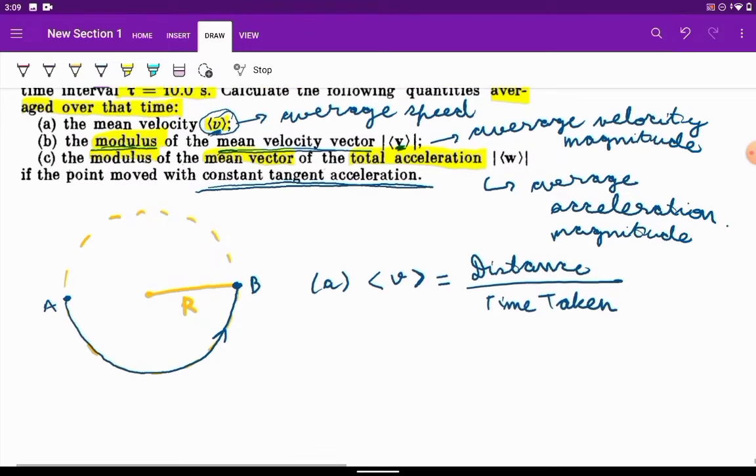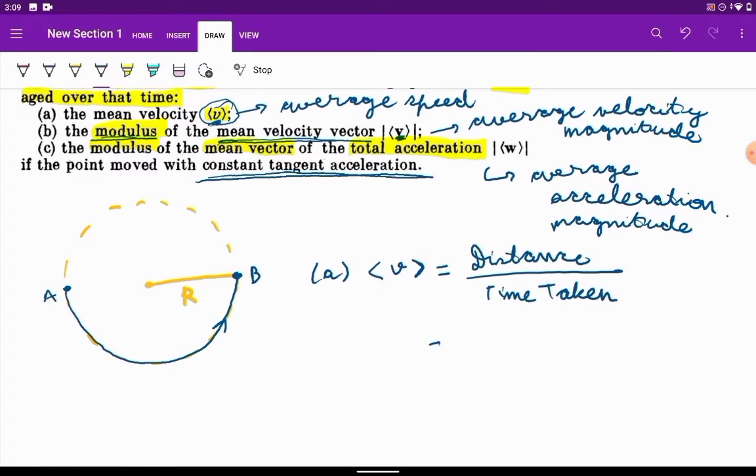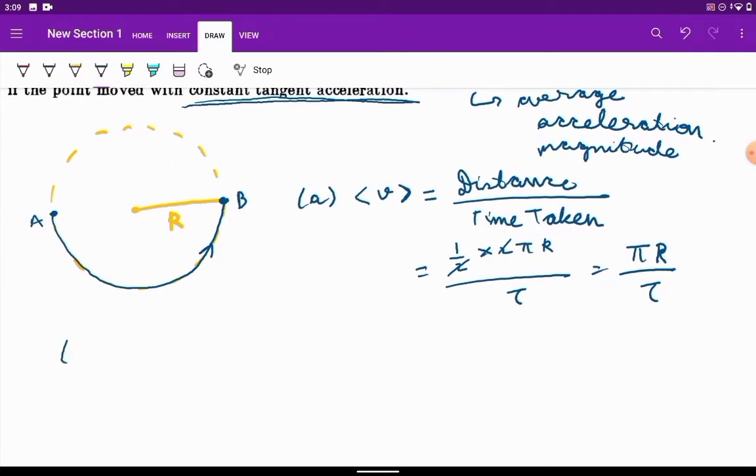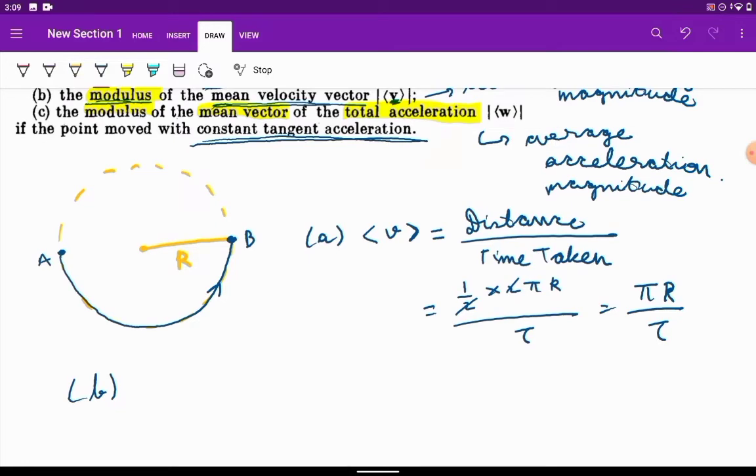So the distance is basically half the circumference. Half the circumference is 2 pi capital R divided by 2, divided by the time taken tau. It becomes pi R by tau. You can substitute the values to get the final answer.